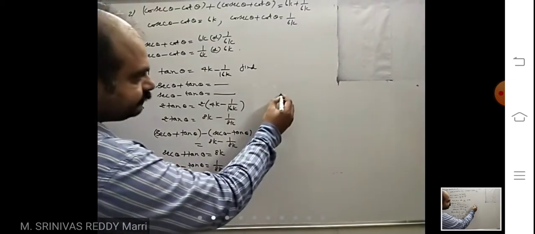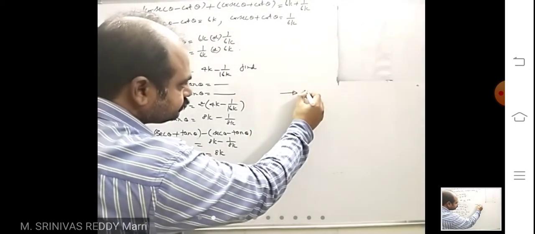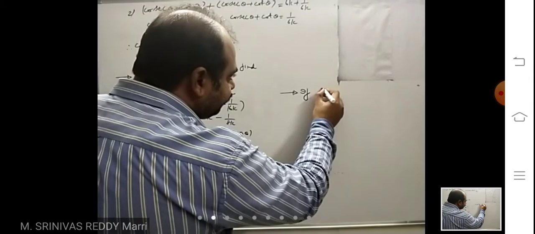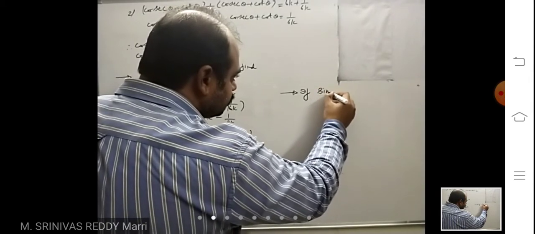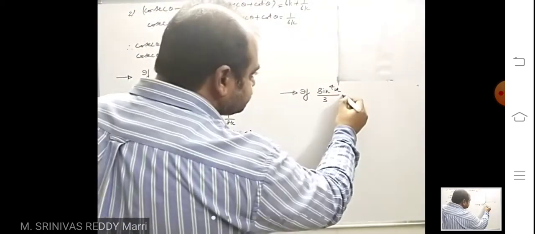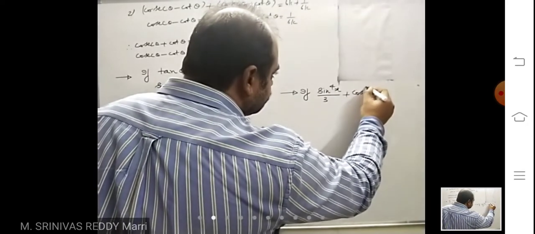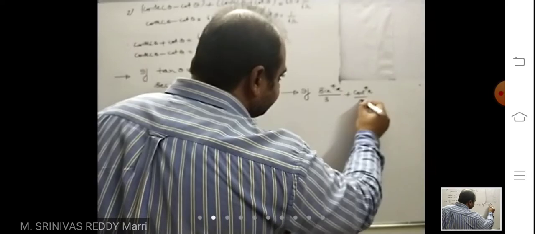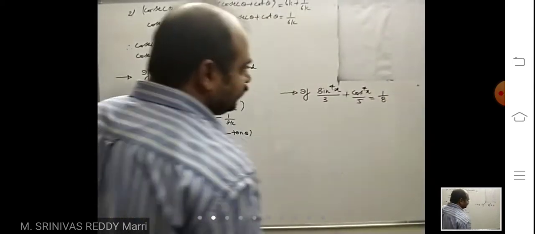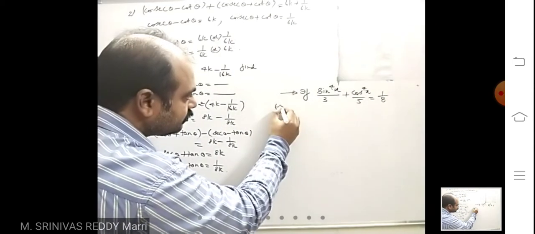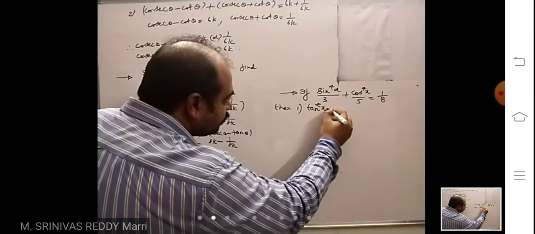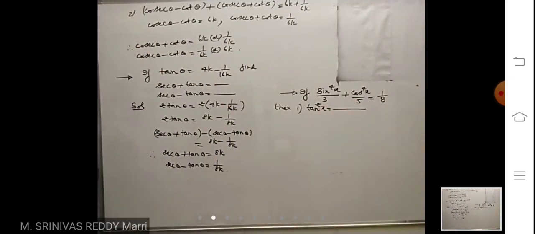Now look at one problem. If sine power 4x divided by 3 plus cos power 4x divided by 5 equal to 1 by 8, then the first question he is asking is tan square x equal to dash.